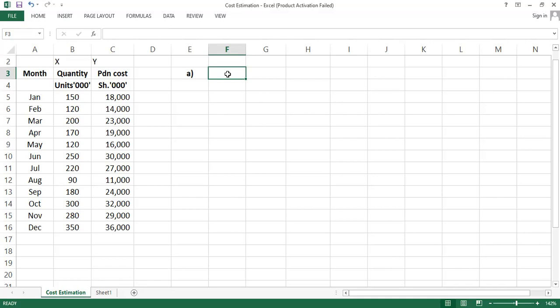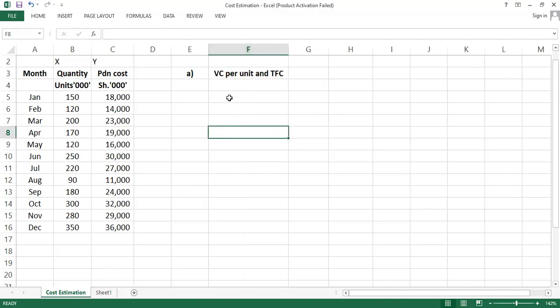So for part A, we compute the variable cost per unit and the total fixed cost.